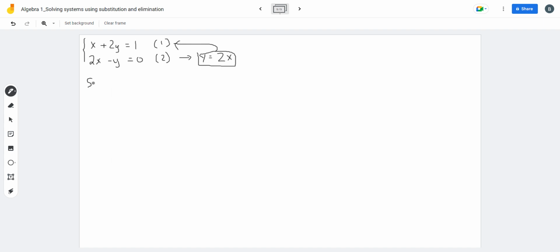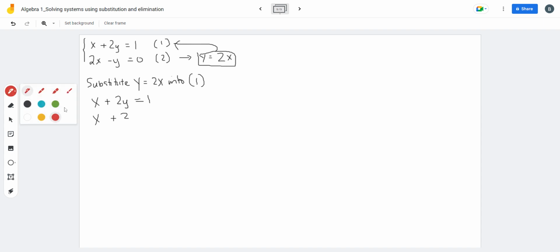Okay, so we're going to substitute y equal to 2x into equation number 1, so that I would have x plus 2y equal to 1. In this case, x plus 2, and y here would be 2x.